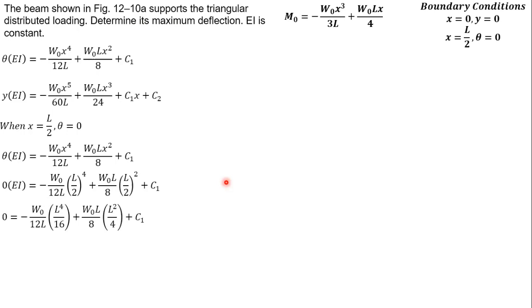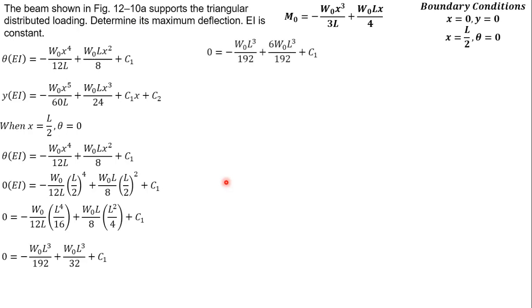So 0 is equals to negative W0 divided by 12L times L to the fourth power divided by 16 plus W0 L divided by 8 times L squared divided by 4 plus C1. And then simplify. So 0 is equals to negative W0 L cube divided by 192 plus W0 L cube divided by 32 plus C1.